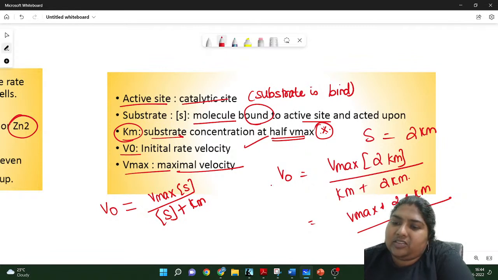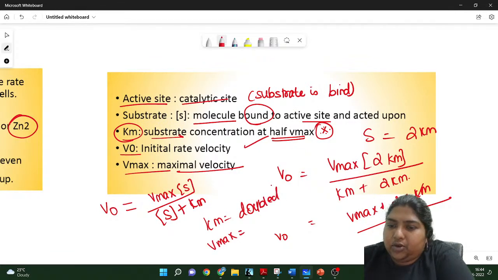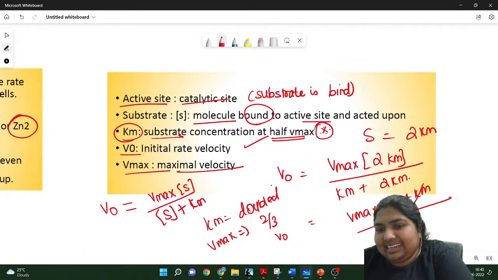This Km and Km get cancelled. So your V0 becomes 2 by 3 Vmax. Got it? So that is how we have to understand these kinds of equations.